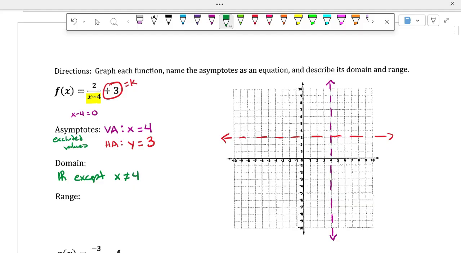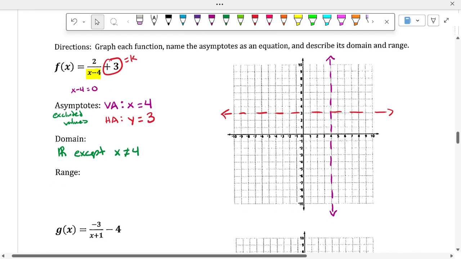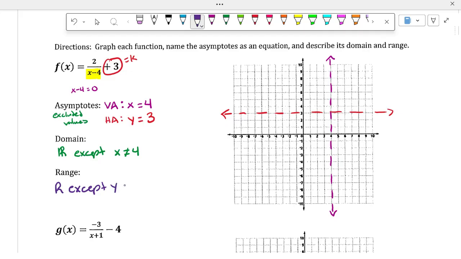What's the horizontal, or not the horizontal, what's the range? So range is y values. So how have we been stating the y values? Except y cannot equal what? 3.